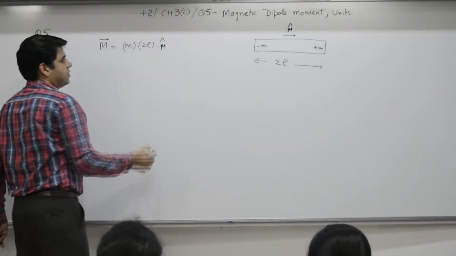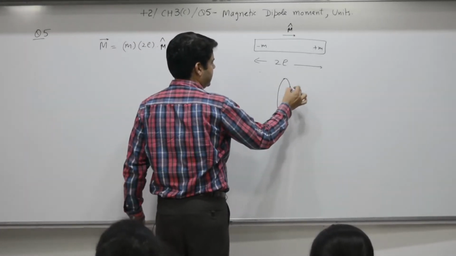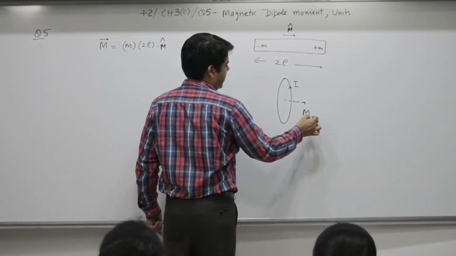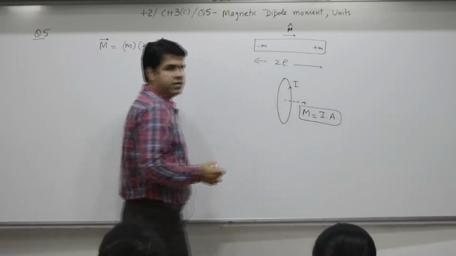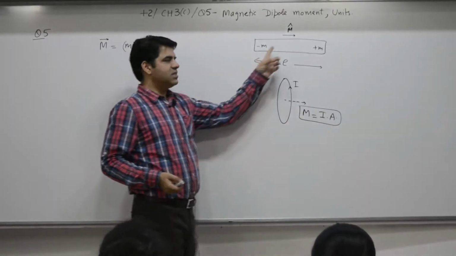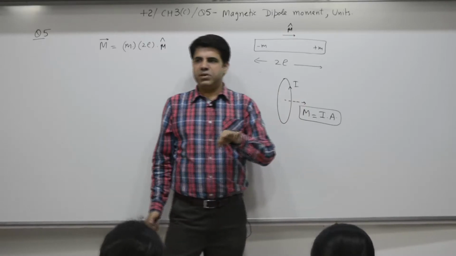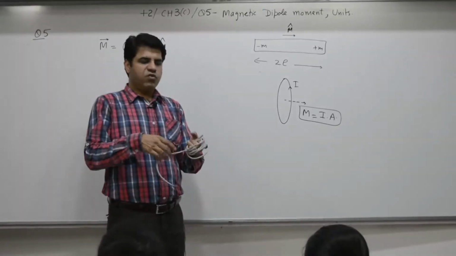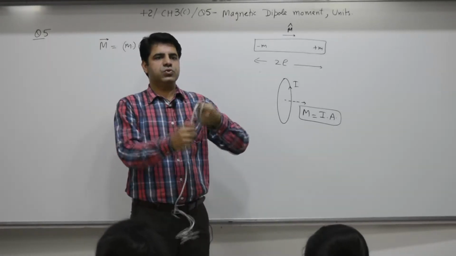Second, even if you have a current carrying loop, carrying current I, area is A, even then you have magnetic moment M, which is equal to what? Current into area. That's another way. This is a natural magnet and this one is an electromagnet. By using a wire, flow current through the wire.